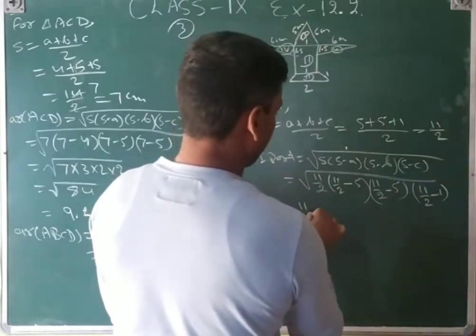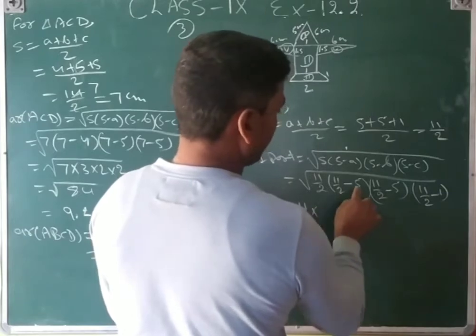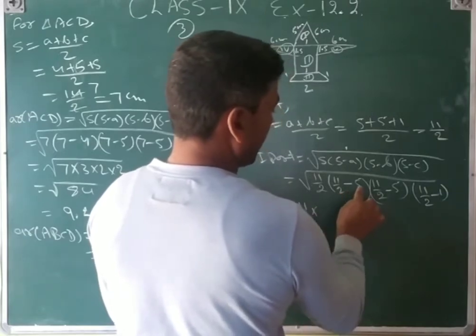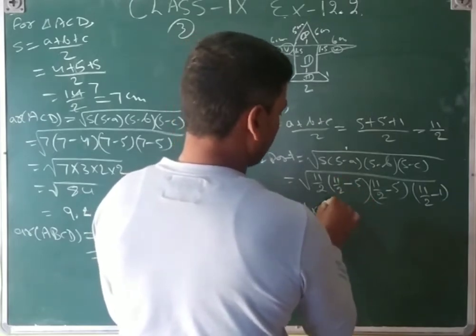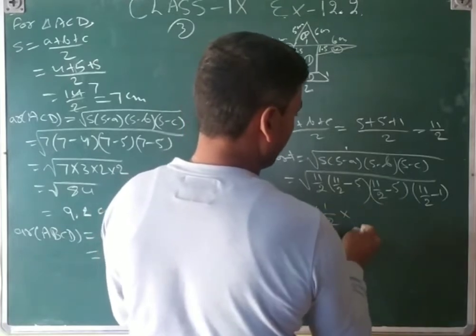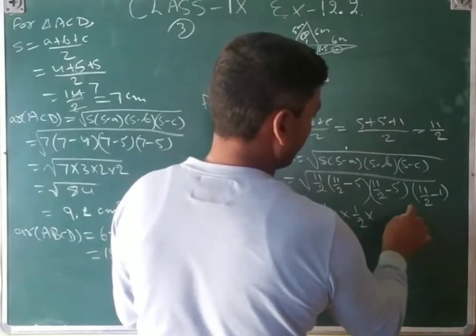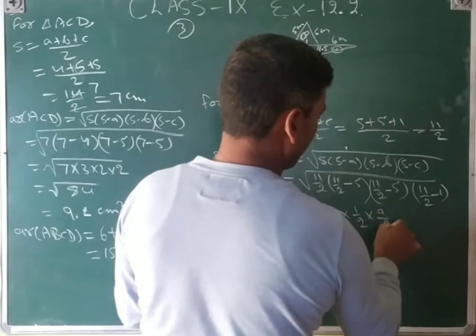So that will be 11 upon 2 into 1 upon 2 into 1 upon 2 into 9 upon 2.